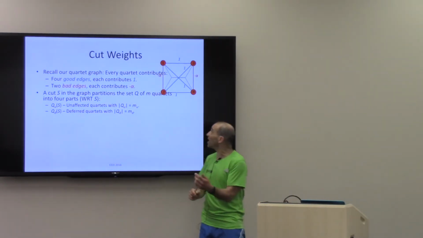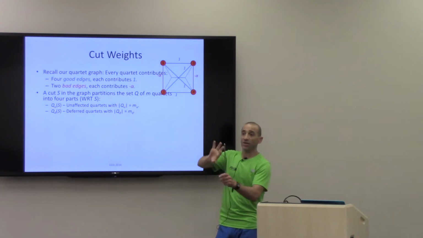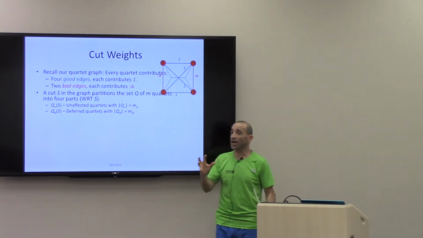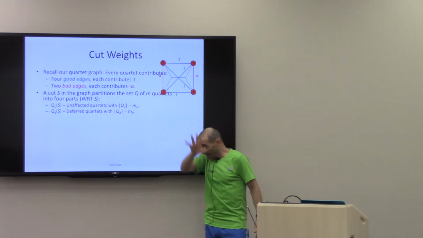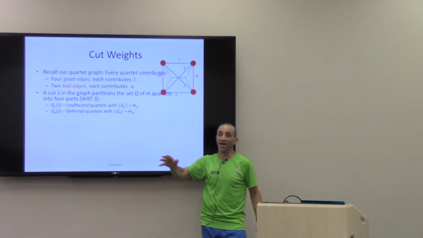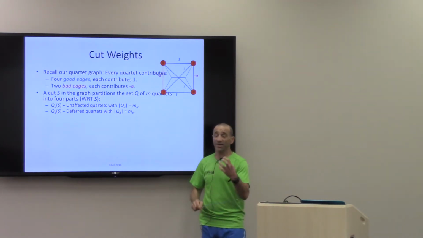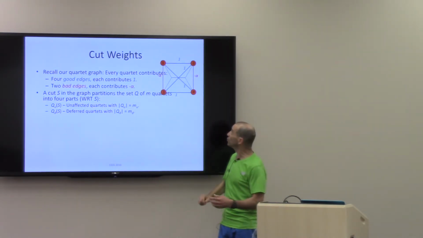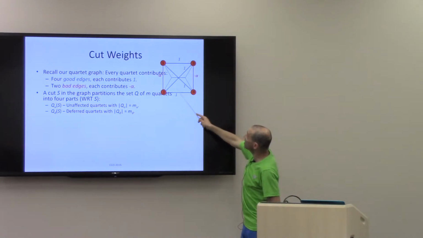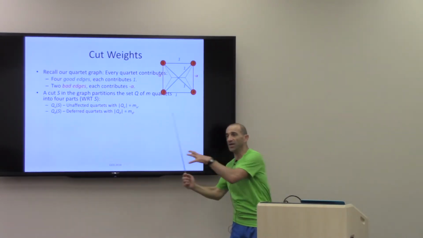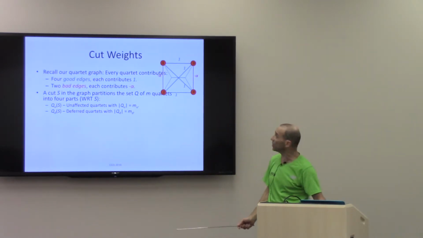So what is a cut? A cut is just a partition of the species set. Some quartets fall, all of them, on one side. They are not affected by the cut S, okay? Some quartets are deferred: a quartet is deferred if the cut separates one of the guys versus the other 3.